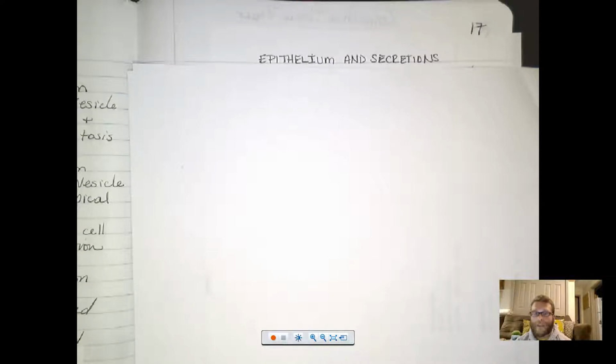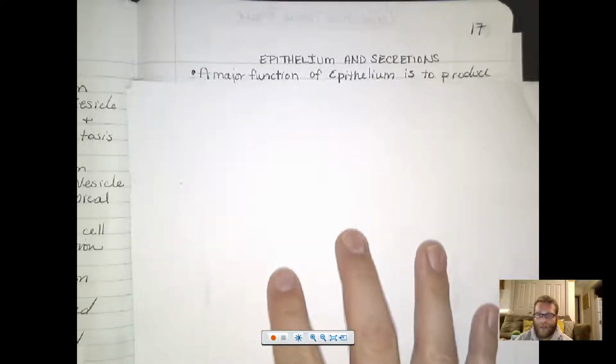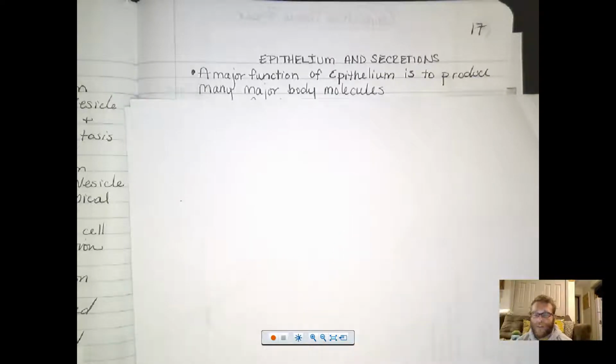Alright, so what we're going to be addressing today is epithelium and the secretions that are produced by that epithelium. We're going to start with what this epithelium essentially is. We've addressed the different functions of epithelium, so protection, lining tissue, it's there for receptors and things like that, but another major function of epithelium is to produce major molecules for the body.